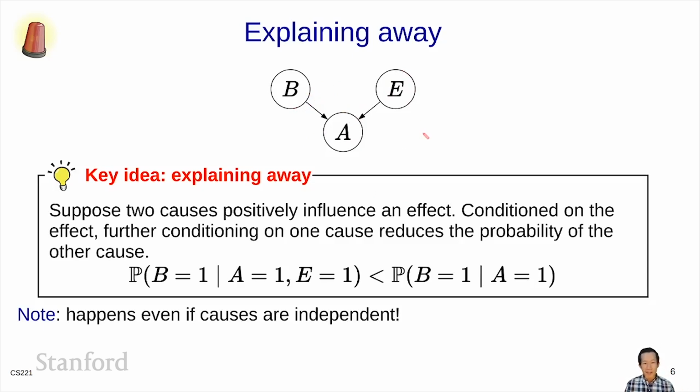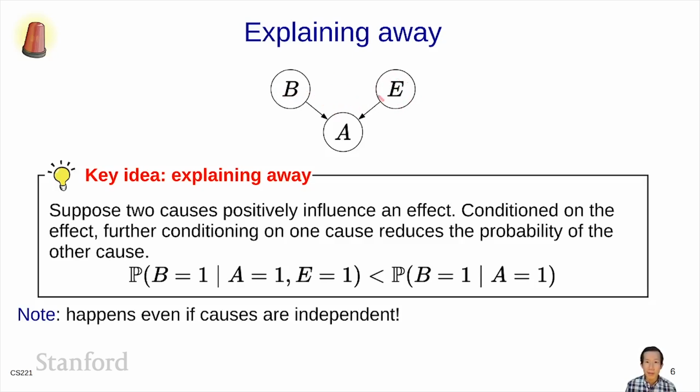You can rationalize this if you want some intuition as follows. You have this effect, and you observe A equals 1. Now you're trying to seek an explanation for what caused this effect. Is it B or E? Just conditioning on A, it could be either one, so it's kind of like 50-50.